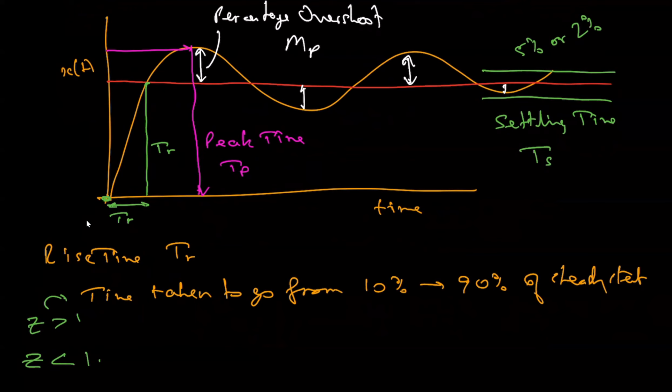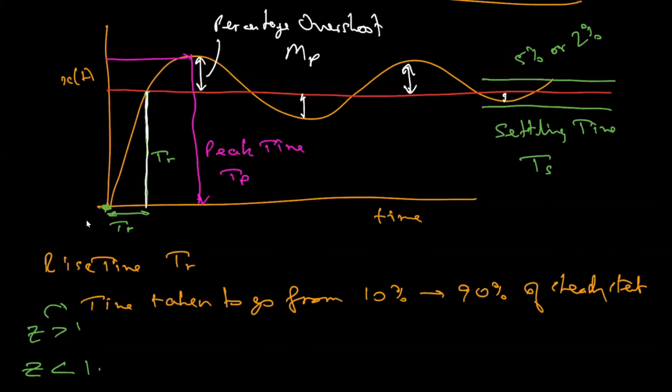If the damping factor is less than 1, then you'll have a damped oscillation, and you can talk about 10 to 90%, but it's not that convenient. So instead, they talk about how long it takes for the line to cross the steady state, the first time it crosses the steady state.